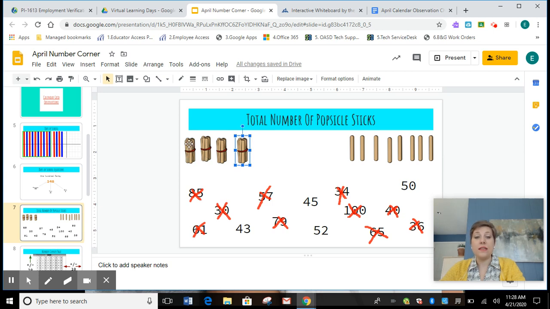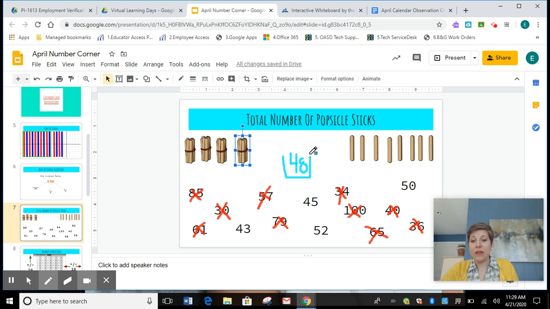Are you ready? 10, 20, 30, 40, 41, 42, 43, 44, 45, 46, 47, 48. Now that wasn't an estimate that I put up here, but we're going to record it because we had exactly 48 popsicle sticks.